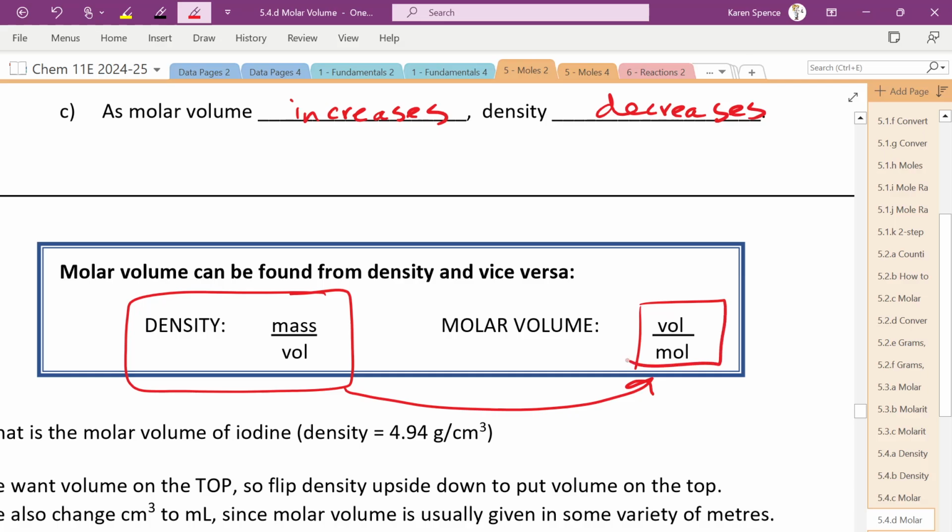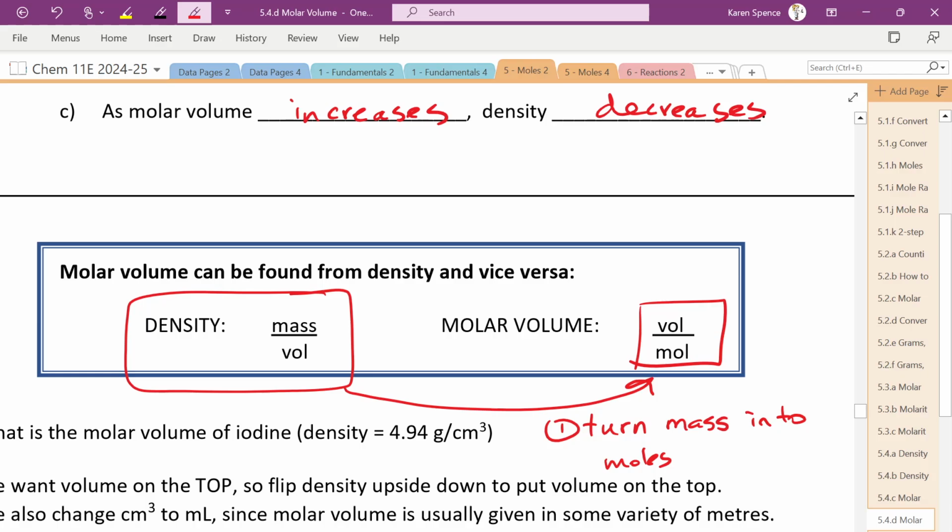You would have to turn mass into moles. And what else? Chat with your neighbor about that.